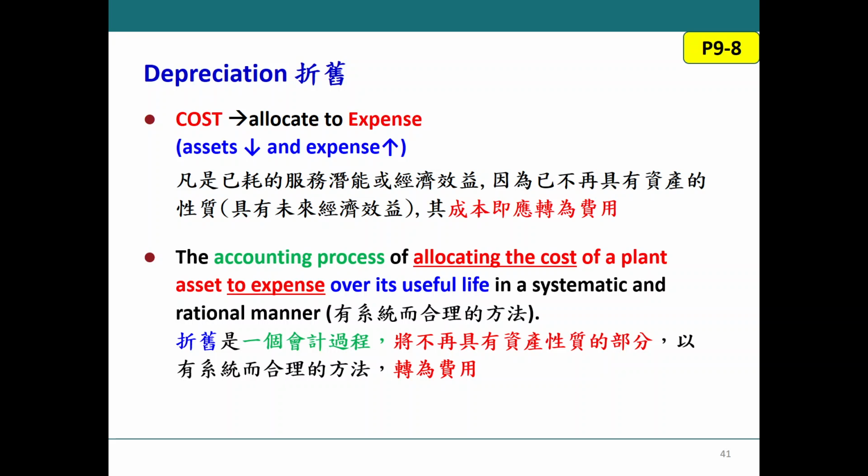How much? $7,000? 70,000? Impossible. Impossible. Okay, anyway, the second number you have is market price, right? So what does it mean, market price? You sell it today. How much money can you get? That's the market price. Okay?